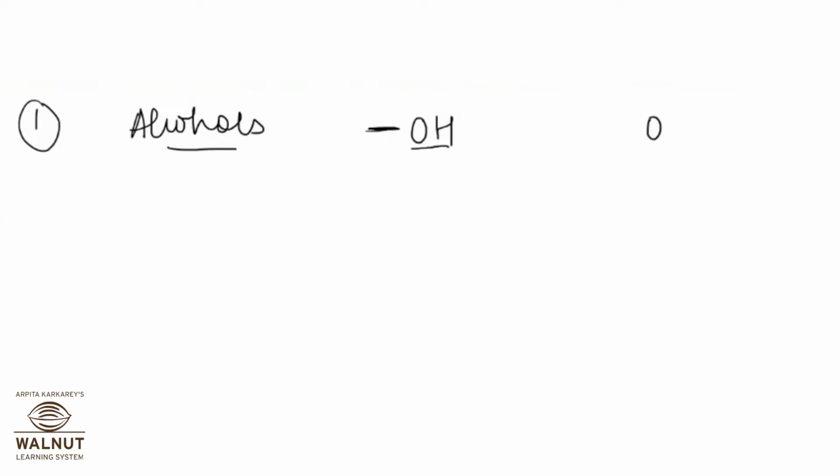And the name in that case will end with the suffix ol. So if it is methane, this is your methane, CH4, yes or no? If I replace this hydrogen with, let's say, OH, what will the structure look like?